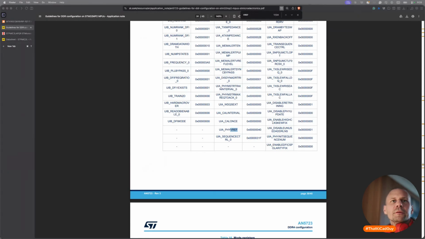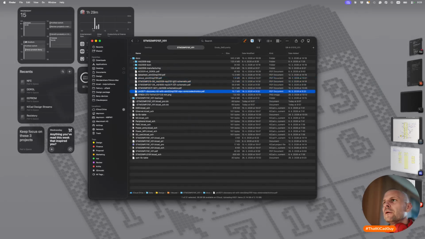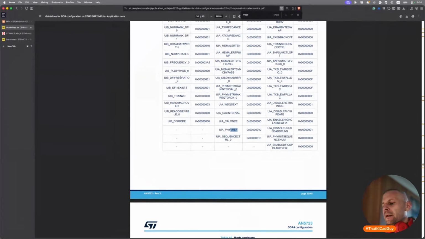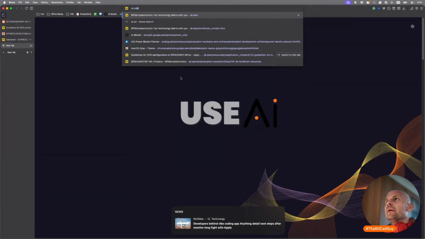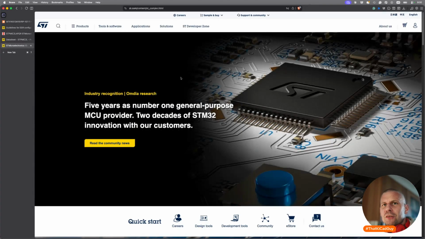We can open the reference manual for the MPU, pinout, datasheet. Yeah, that's again a slow stream. Yeah, but I would like to be more efficient and productive.